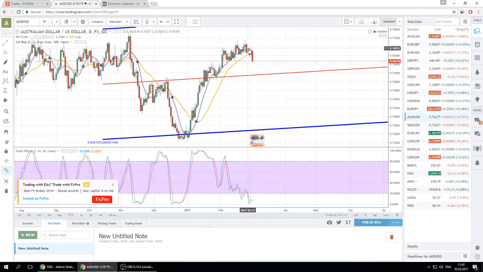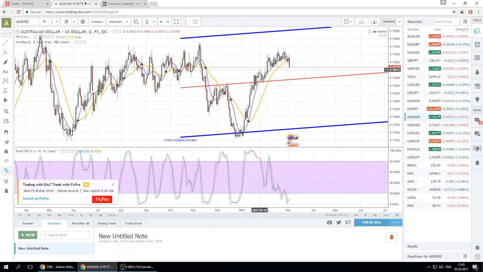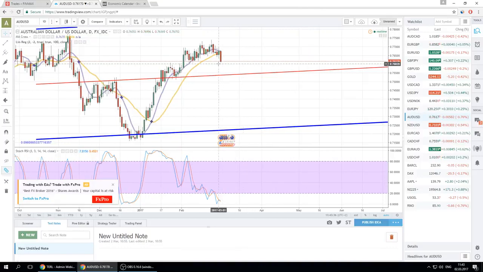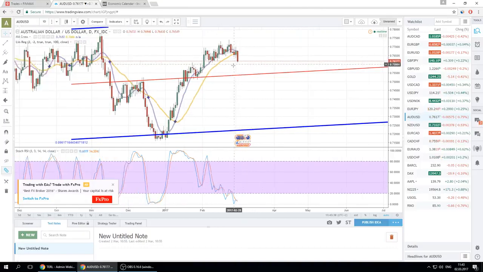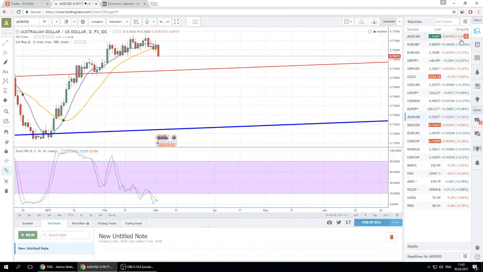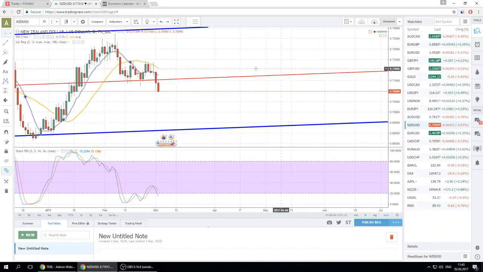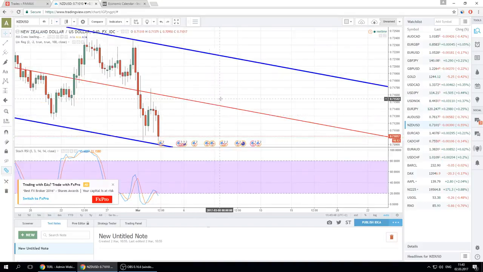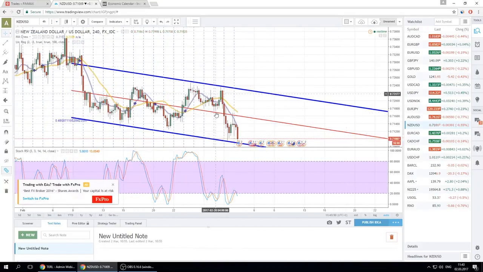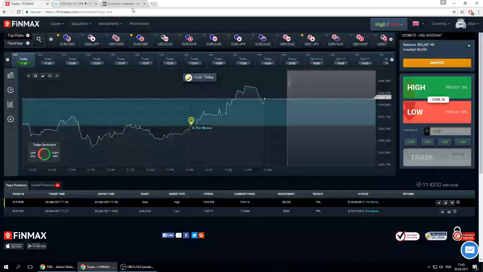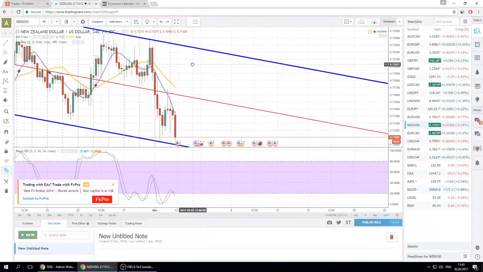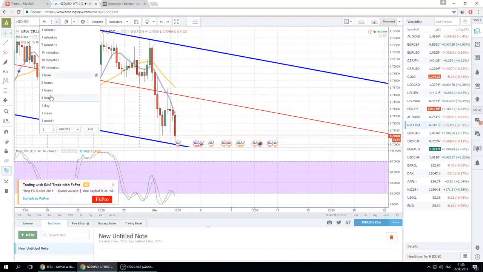Well, as you see here, Australian dollar has turned back. But probably not a good position to open the trade, the confident trade that will for sure expire in the money, which is the most important for a trader.